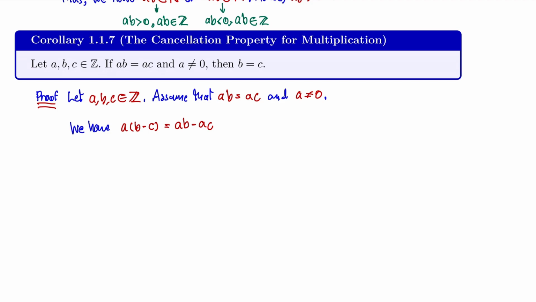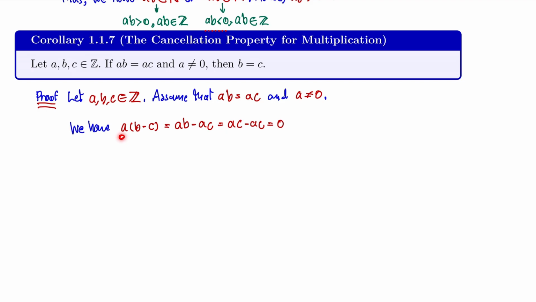What happens to this? ab equals ac. When you have two equal numbers and subtract one from the other, it turns out to be 0. So ab minus ac turns out to be 0. What does this mean?